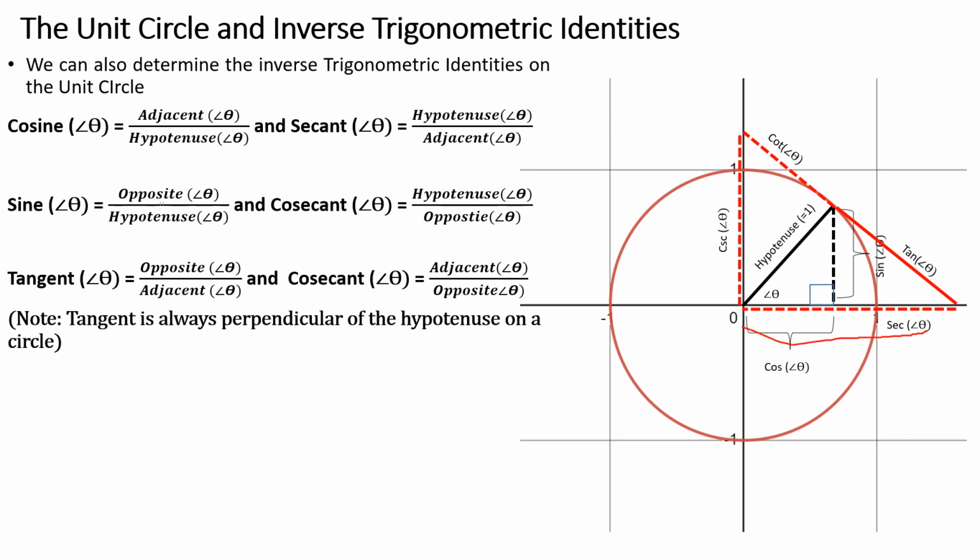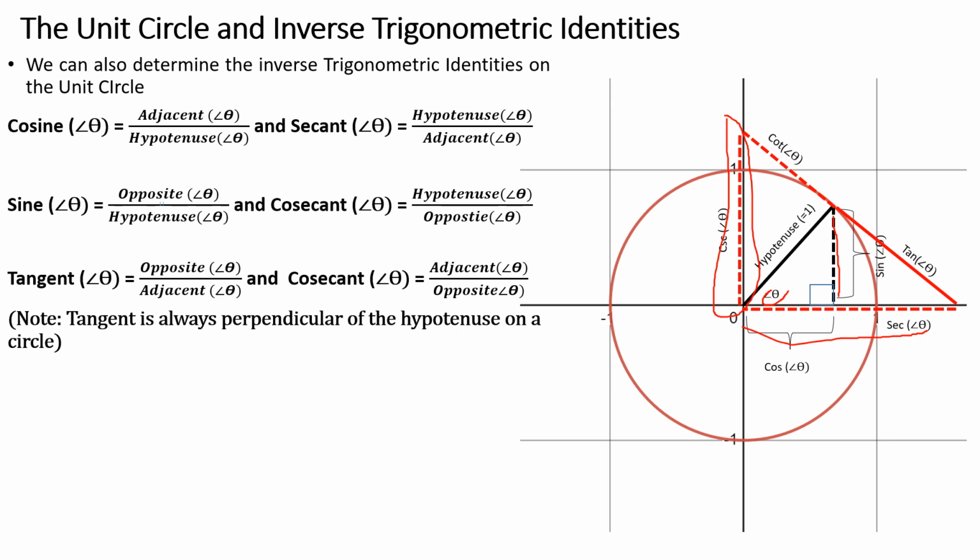And then the sine is the opposite of this angle theta, and here's my sine right here. If you look at this, the cosecant is right here on the other side. It's just the inverse of the sine.